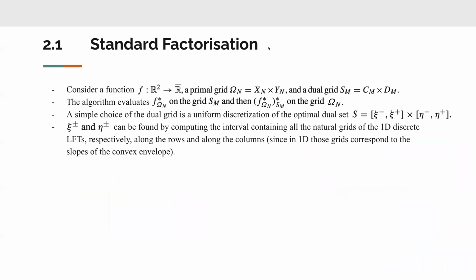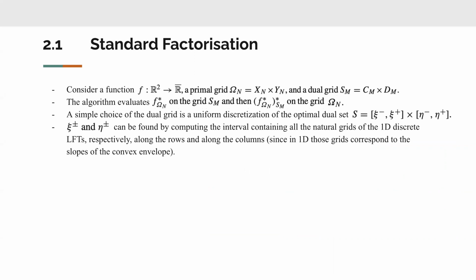All right. So going into the first algorithm, here we are again applying the double discrete LFT. So let's consider a function f, and let's say the primal grid is this and the dual grid is this, and the algorithm evaluates LFT on f of omega n on the grid Sm, and then it applies the double DLFT on the grid omega n.